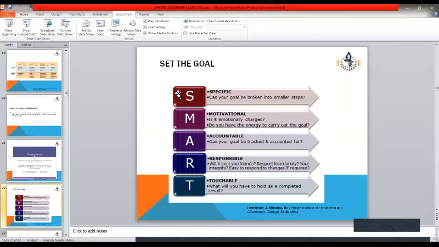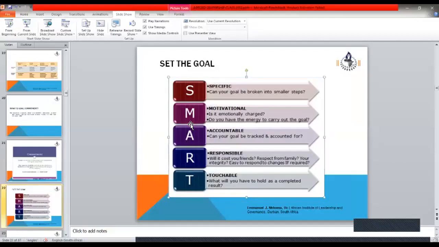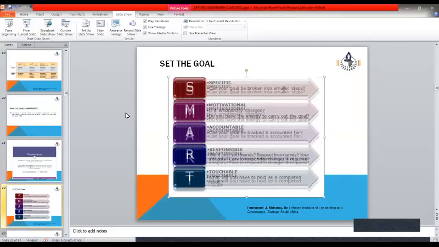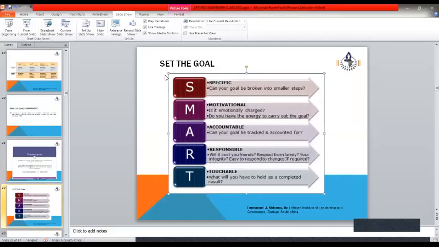Now, I always say this, and those of you who do courses such as an MBA, you will agree with me, and those of you that have done management courses, we always say, set SMART goals. Somebody says, do not work hard, work smart.